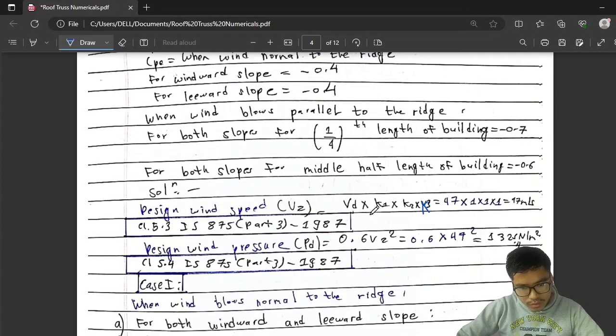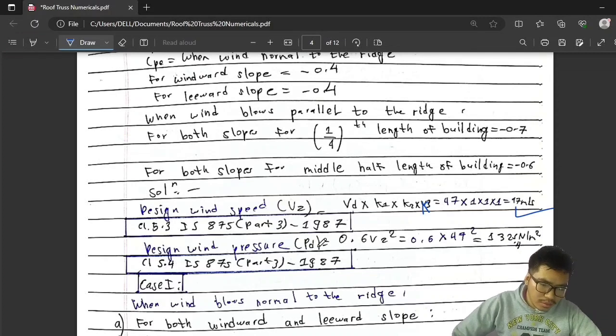So Vz will be Vb, which is 47 meter per second. The wind pressure for this wind speed is 0.6 Vz square. So 0.6 into 47 square is 1325.4 Newton per meter square.